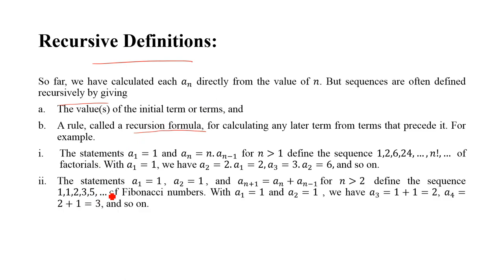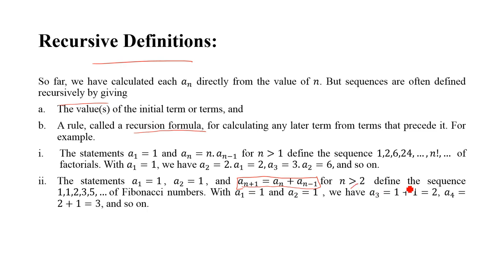There is another example. The statement a1 is equal to 1, a2 is equal to 1, and a_(n plus 1) is given by this recursion formula: a_(n plus 1) is equal to a_n plus a_(n minus 1) for n greater or equal to 2, because when n is equal to 2 we will have a3.